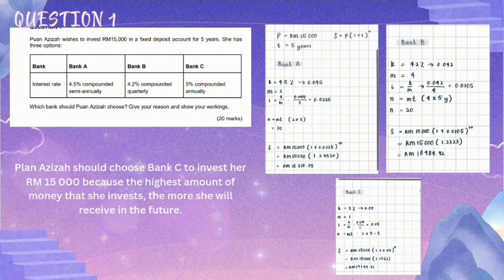We enter the formula S equals 15,000(1 + 0.05)^5. We keep the 15,000 and solve the bracket first. In that bracket we get 1.2763. We multiply 15,000 by the number in that bracket.